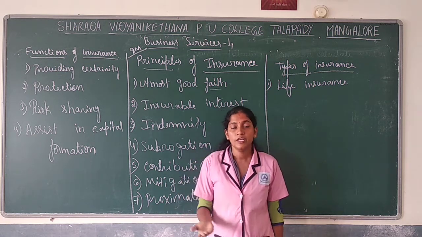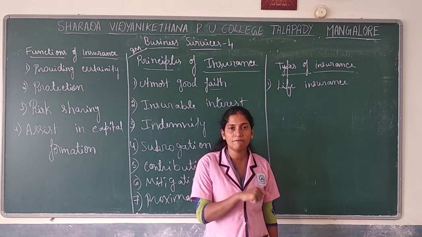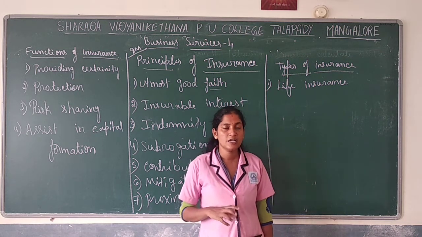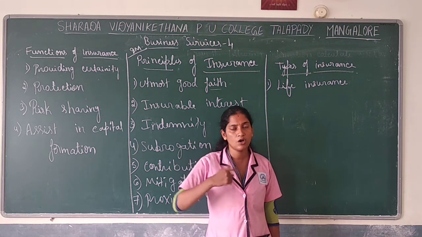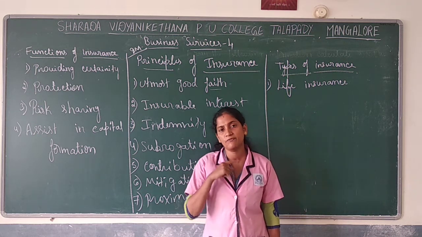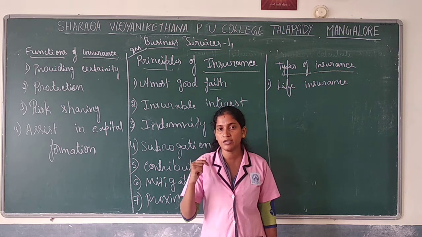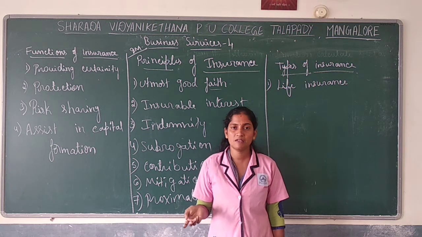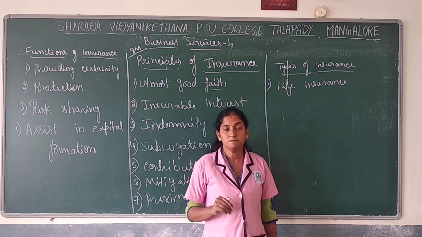Because later on, if any problem arises, and if he has not informed us in the beginning while taking an insurance, what will happen if the insurance company comes to know that he was sick or he had a medical issue, and he has not mentioned it during the registration or during the agreement? At last, there may be a chance of losing that money. They may not give that money.